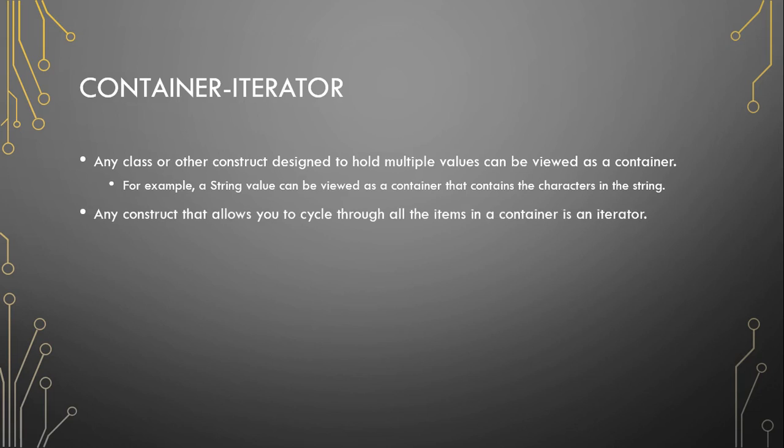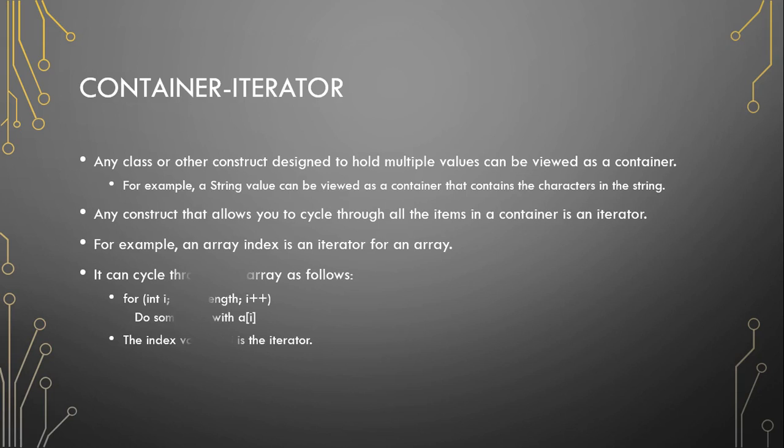Now, any construct that allows you to cycle through all the items in the container would be that of an iterator. So, for example, an array index is an iterator for an array, because when we look to count through the array, we want to say what's in a[0], a[1], a[2], etc. We look at the array index. Index by default starts at 0.